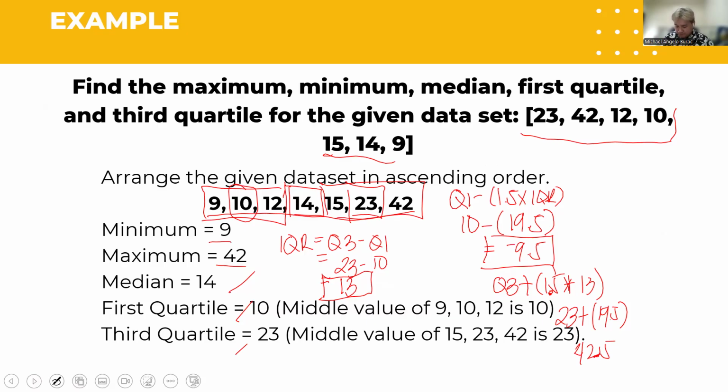For our... what do you call it? Our... allow me first to clear the spaces here so we have an area to work. Okay.